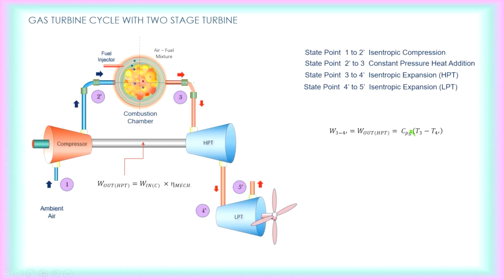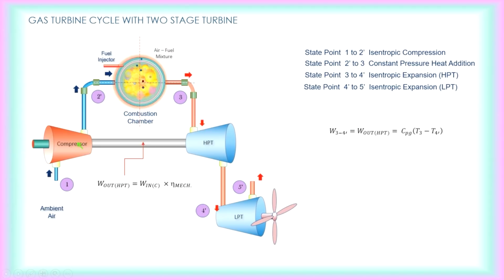Now you have two ways of solving problems on gas turbine cycles. One is using what we call relative pressure, which is only applicable for any of the isentropic process. The isentropic process actually appears in the compressor, high pressure turbine, and the low pressure turbine.